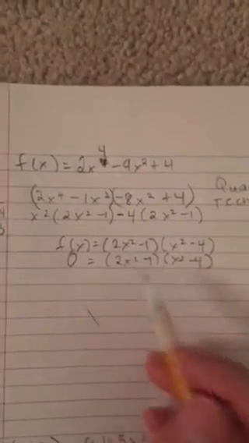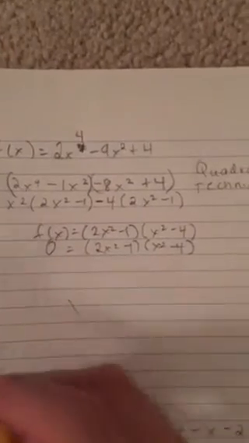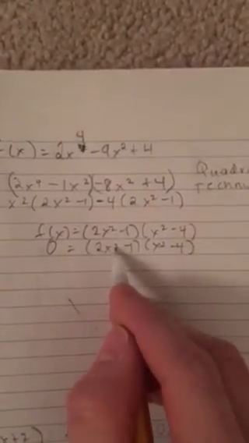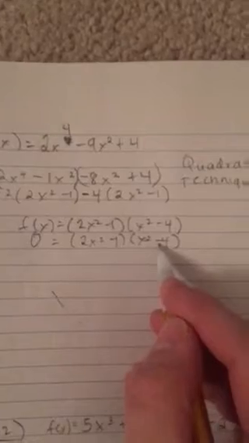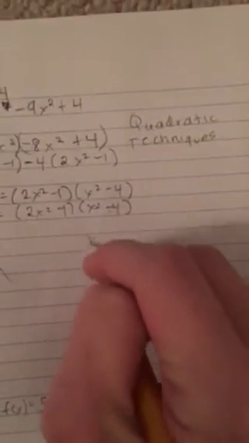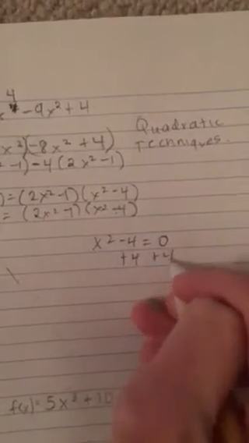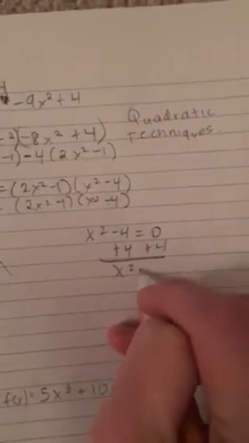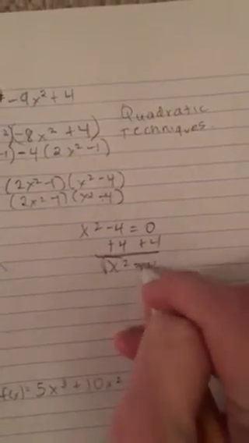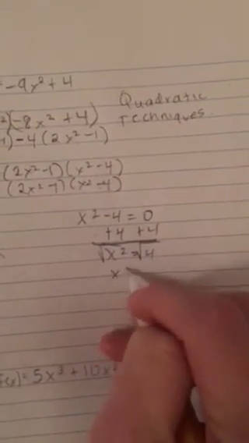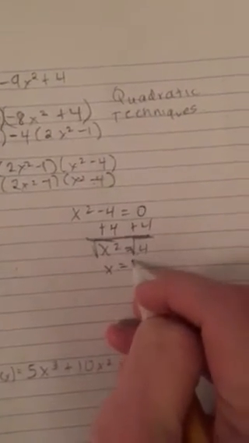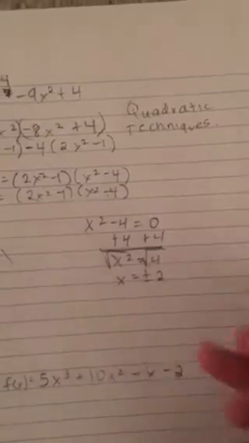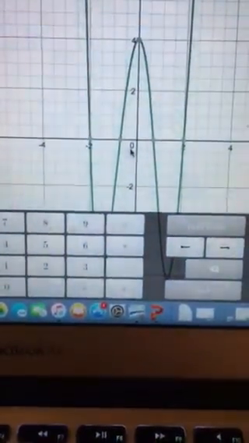It's called the zero product property. Let me know if you're unfamiliar with that. But here we go. I'm going to actually do this one first because it's easier. So I have x squared minus 4 equals 0. I can use the strategy of balancing to solve. Square root, x should equal, don't forget, both a positive and a negative 2. Which is what we see in our graph, both a positive 2 and a negative 2.